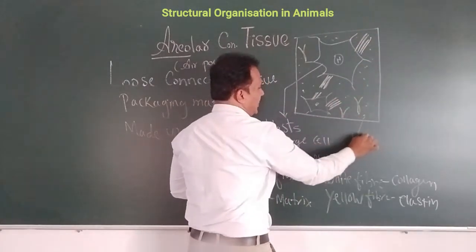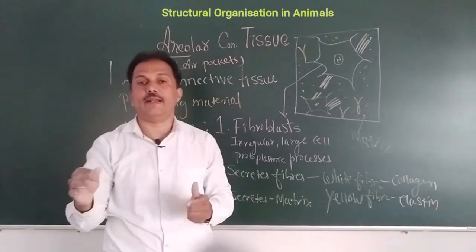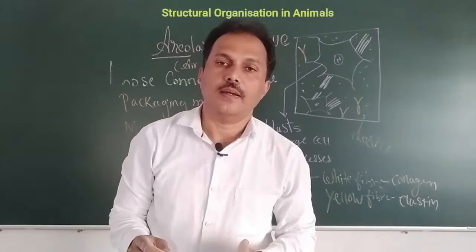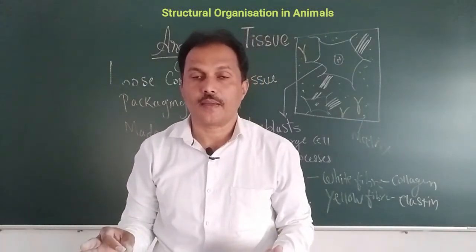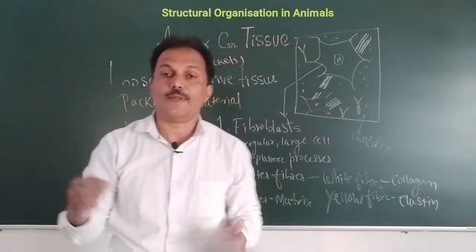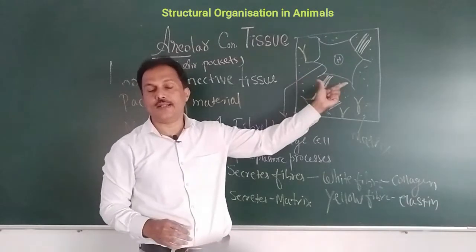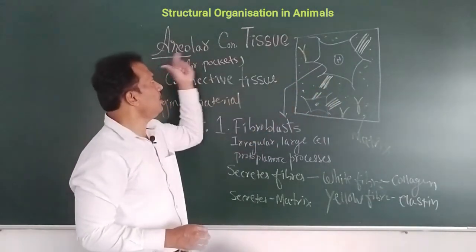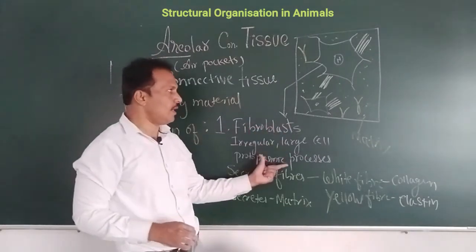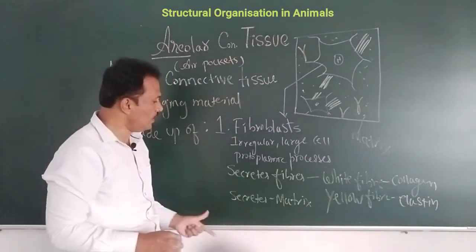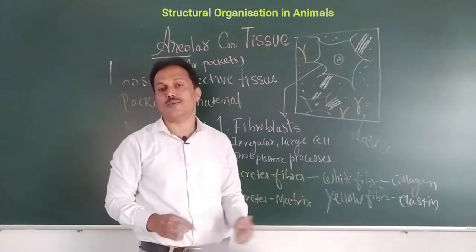This is the matrix, and it is made up of specialized polysaccharide. So this is the first type of cell that forms the areolar connective tissue. I explained the shape of the cell, and its function: it secretes fibers as well as the matrix or ground substance.